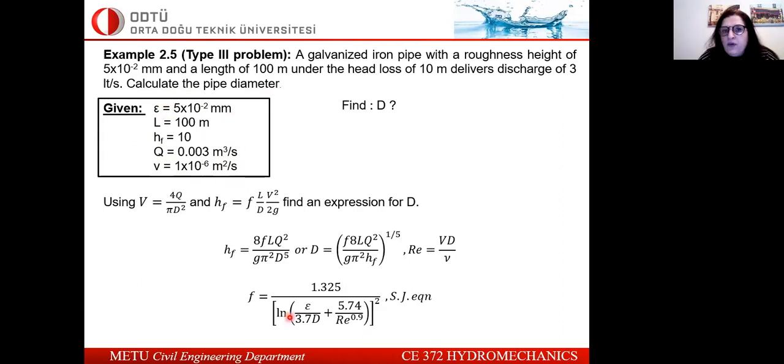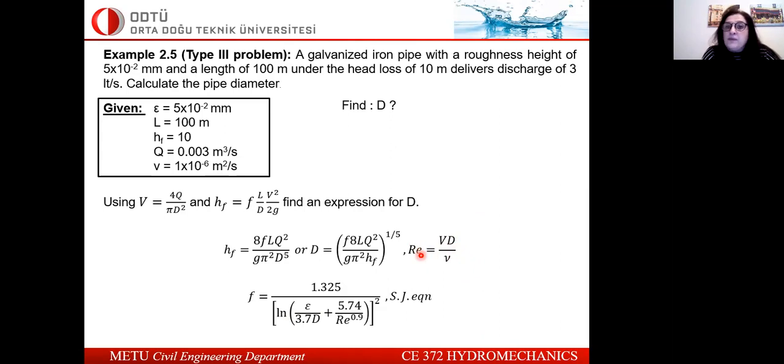And if you remember, for type 3 problems where we are trying to solve for the diameter, in order to find the friction factor F, which is a function of Reynolds and relative roughness, if you look at those terms, Reynolds is nothing but average velocity times d divided by kinematic viscosity. So you are in need of that diameter of the pipeline to calculate Reynolds number. And the other term is epsilon over d ratio.